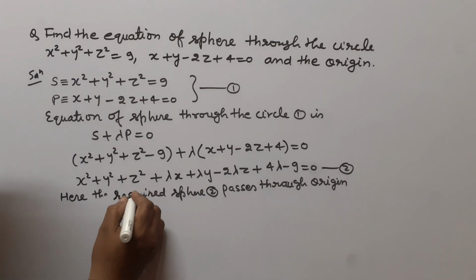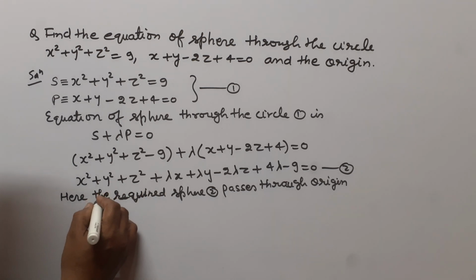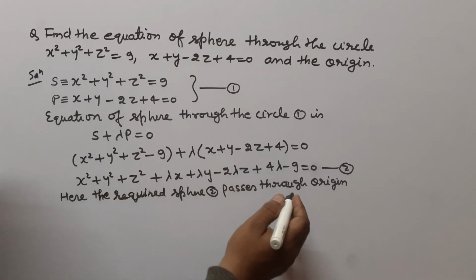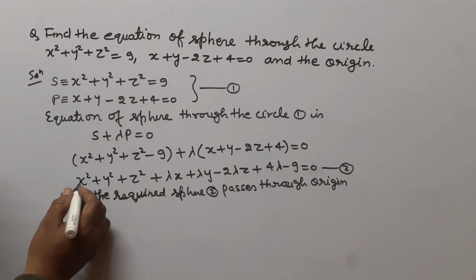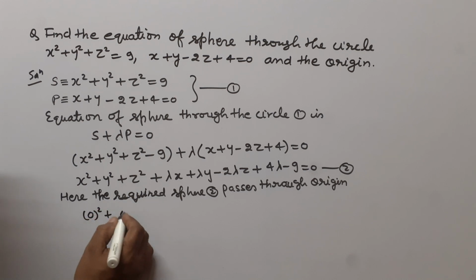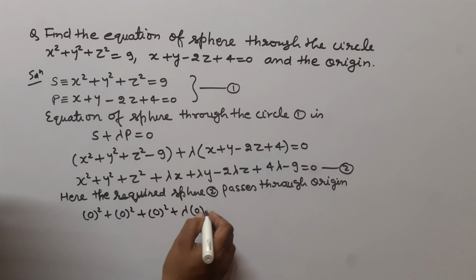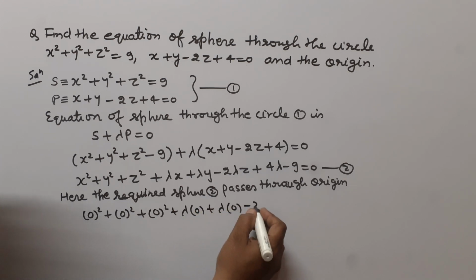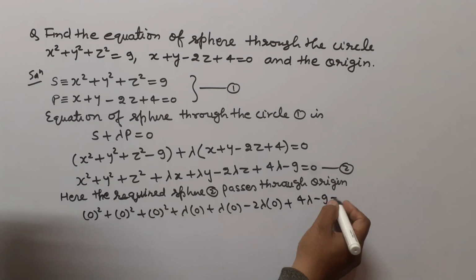So the required sphere passes through the origin, so (0, 0, 0) satisfies the above equation. So it becomes 0 square plus 0 square plus 0 square plus lambda multiplied by 0 plus lambda multiplied by 0 minus 2 lambda multiplied by 0 plus 4 lambda minus 9 is equal to 0.